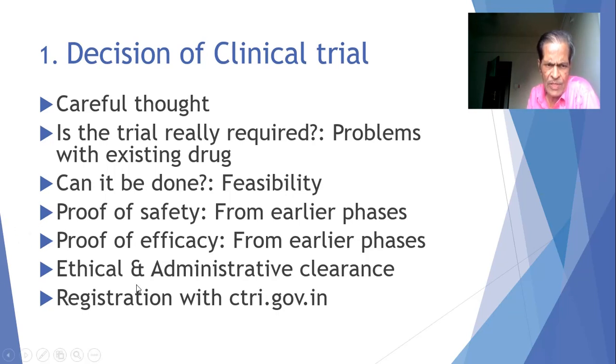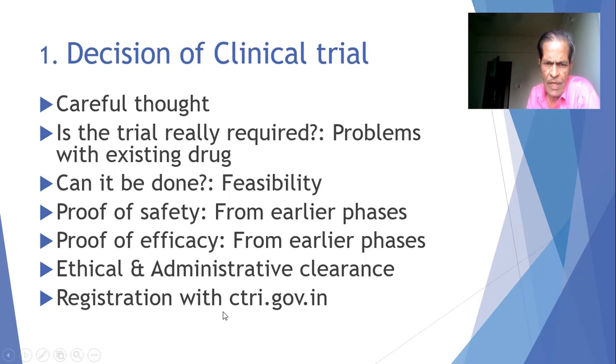Then the trial has to be registered. After you get approval from the ethics committee, the trial has to be registered with the trial registry of the country. In India, the trials are required to be registered at this website, ctri.gov.in. For other countries, they are required to be registered, and there is a different procedure. But in India, it is the ctri.gov.in, which is the registering authority.